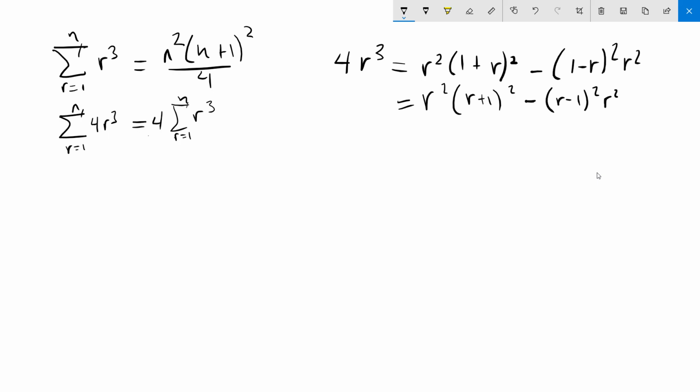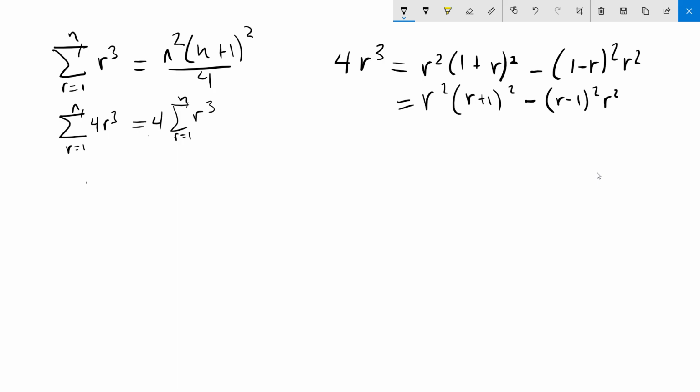That's great because if we find the sum of 4r cubed, all we have to do is divide by 4 and we'll get our answer for the sum of r cubed, which is already a good sign because we have a 4 in the denominator in the formula that we want to come up with. So let's go ahead and try to do it.